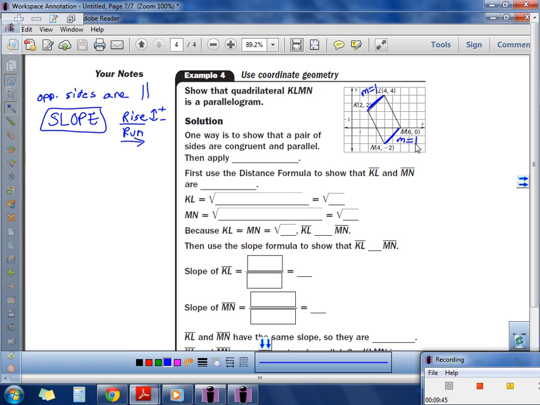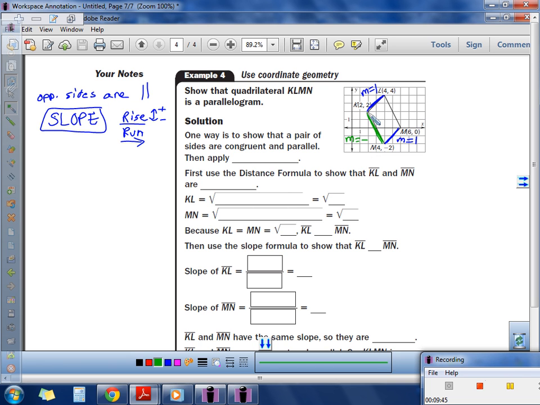The next pieces I need to find are over here. Out of these 2 points, which one is my leftmost point? K. So I want to start counting from K. And do I count up or down? This means I'm going to have a negative slope this time. So you need to count how much do we go down to get to that other letter.